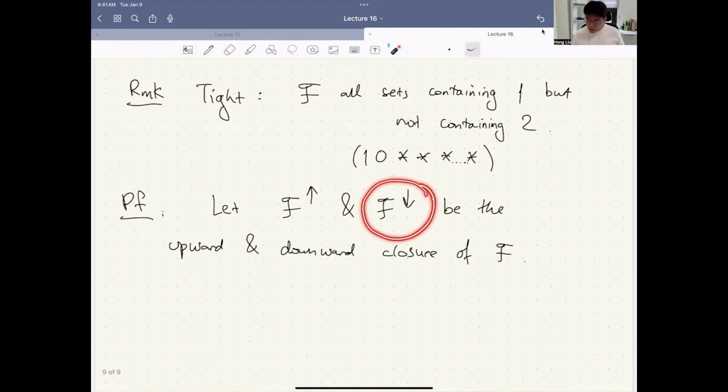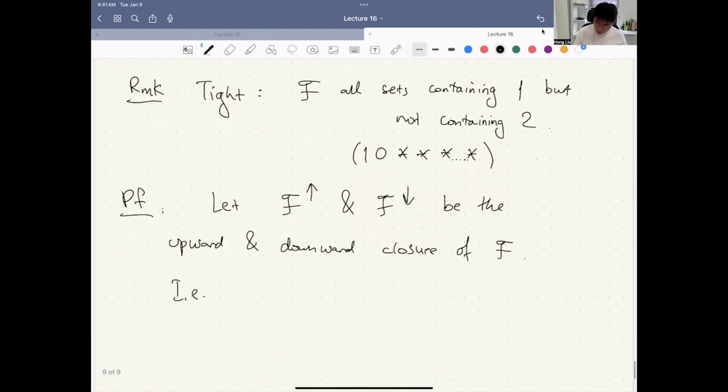This just means for every set F in F, F is first of all a subset of this downward closure.